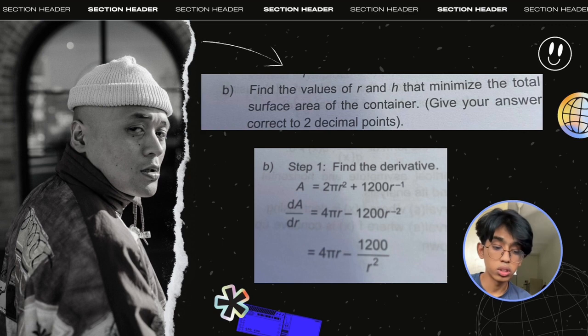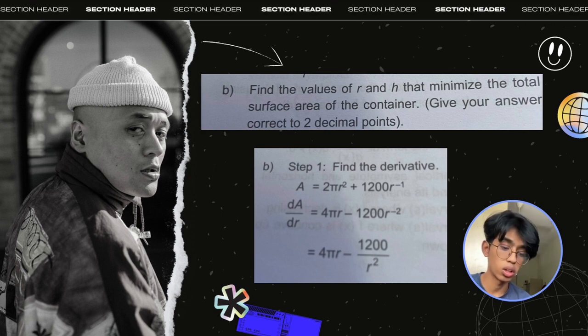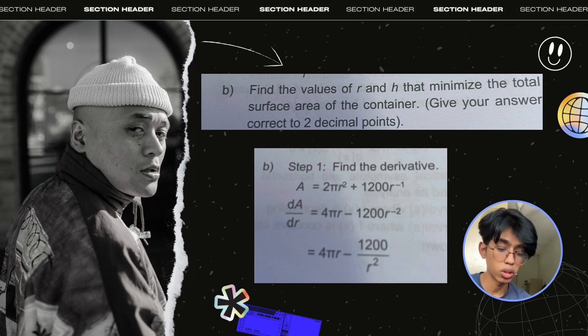Then we move the r back below the 1200, and it will be 4 pi r minus 1200 divided by r squared.